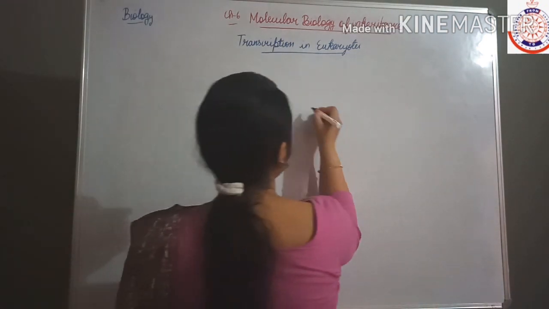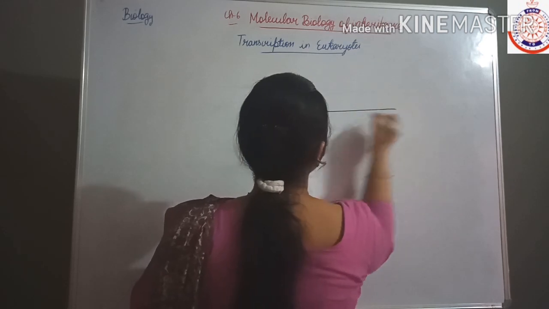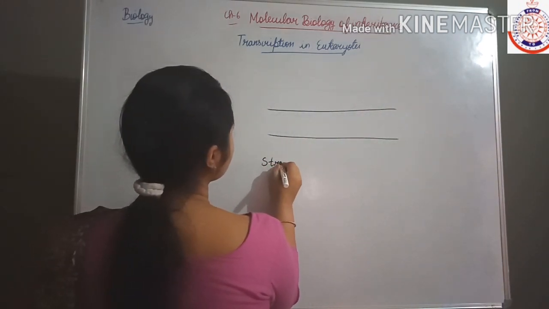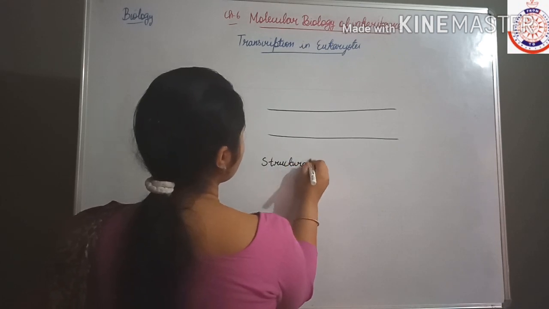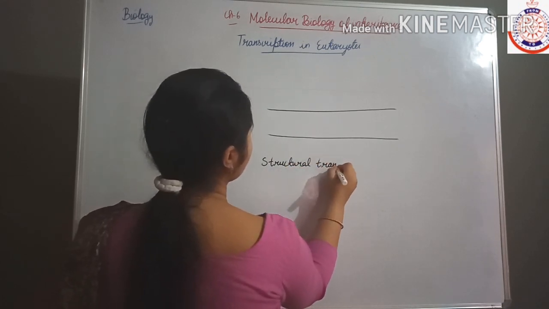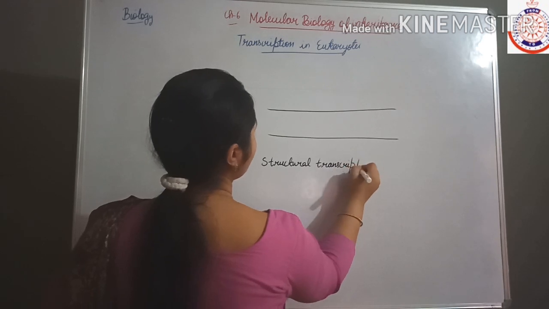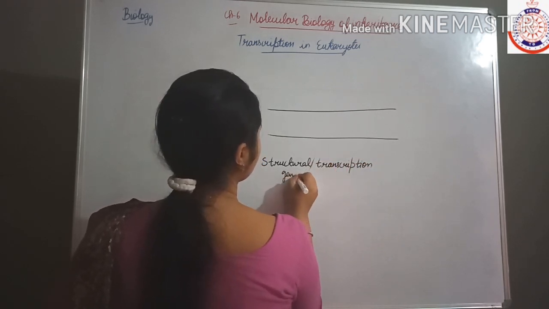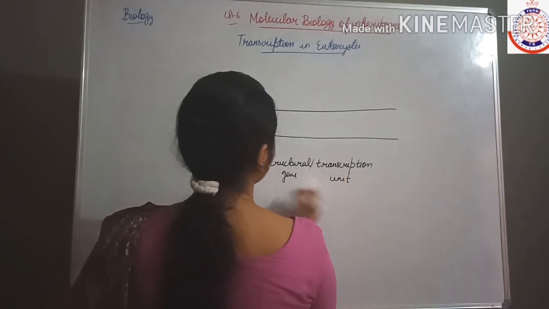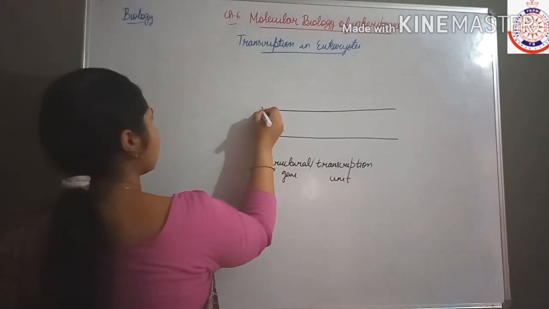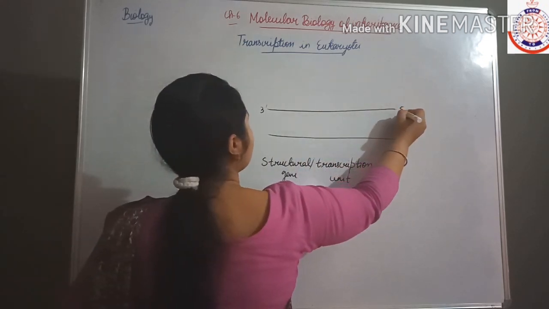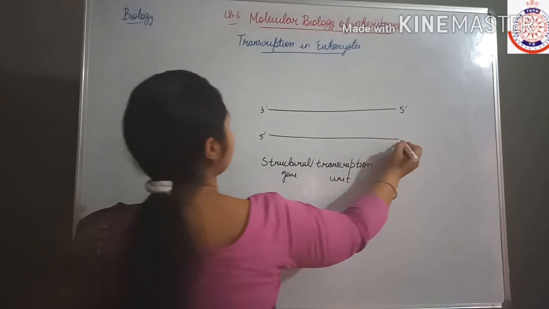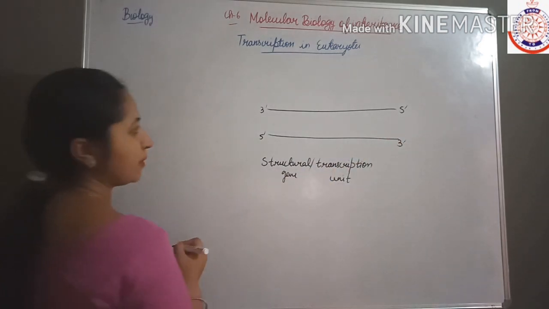So first I will make the structural gene here. All of you know what a structural gene is. It is also known as the transcriptional unit. And there are two strands, one having the polarity from 3' to 5' end, and the other having 5' to 3' end.